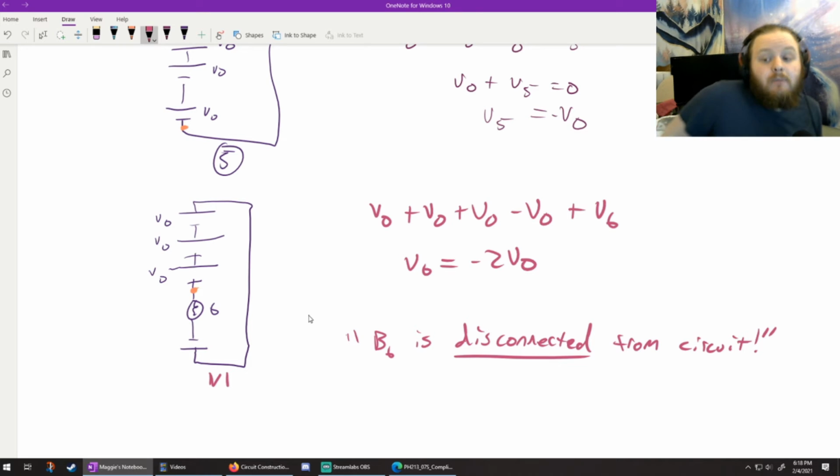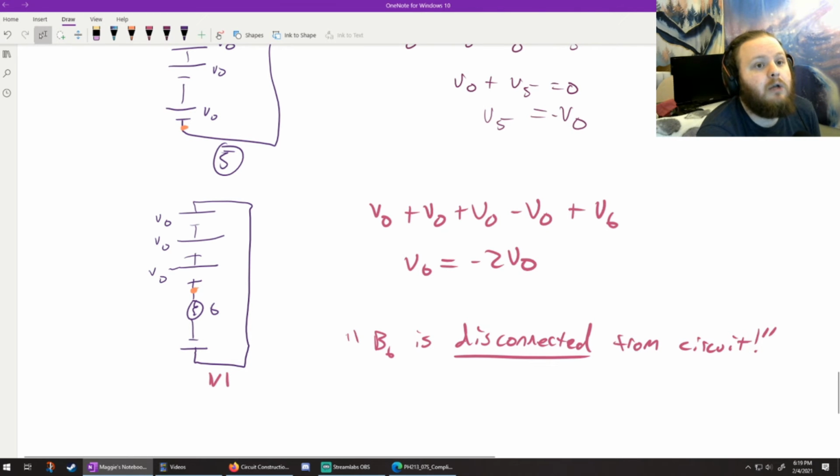Let's say for the sake of argument that a student has supplied the response, bulb 6 is disconnected from the circuit. Therefore, it has no brightness because there's no current flowing through it. How could there be current flowing through it? There's no wires connecting it to the rest of the circuit, right? How could this possibly work?